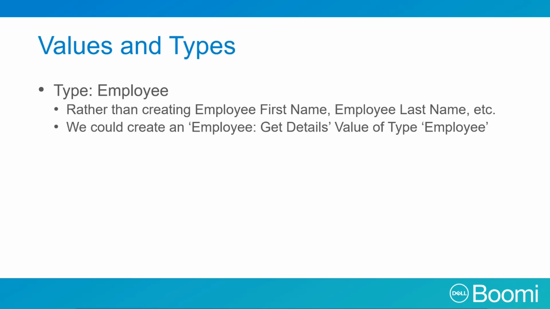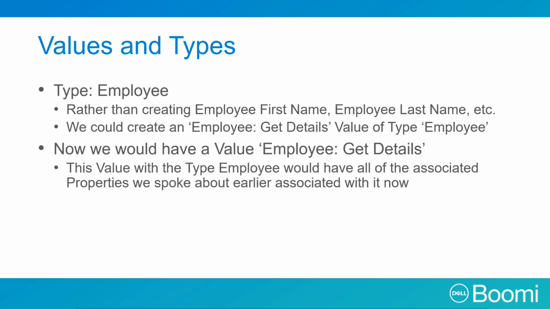In this hypothetical, we now have a type employee with 5 properties. So rather than creating an employee first name value, employee last name value, and so on, we can simply create something like an employee get details value of type employee. The new value employee get details would have all of the properties we just spoke about associated with it because of our employee type.